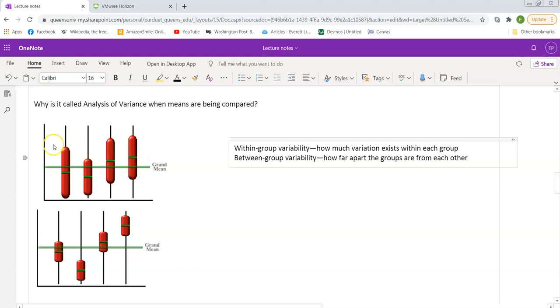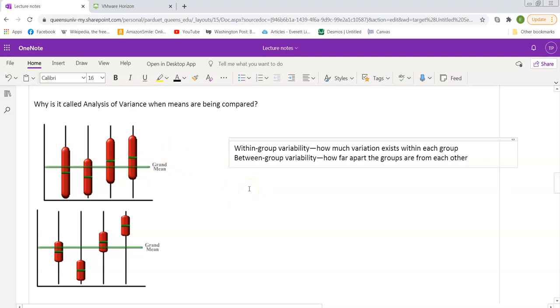If you look here at this top picture, these group means are not all exactly the same. But I think it's a little bit hard to tell if there's really a difference between them because there's so much variability within each group.